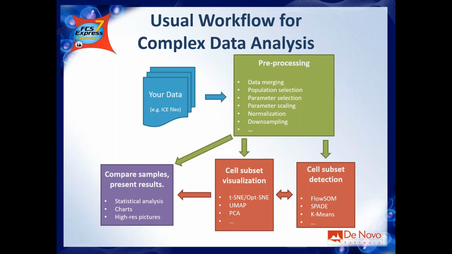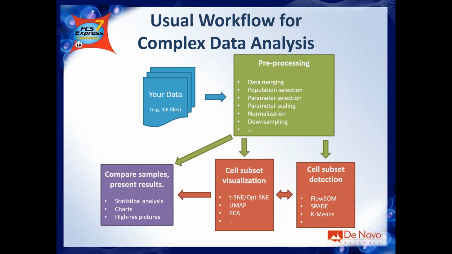So you have some keystones. You start with your data, let's say the IC files or whatever, or you start, I don't know, with cleaning up. You want to select a specific population, or maybe you want to deal with all the pictures, so all the events that you have in your region of interest.